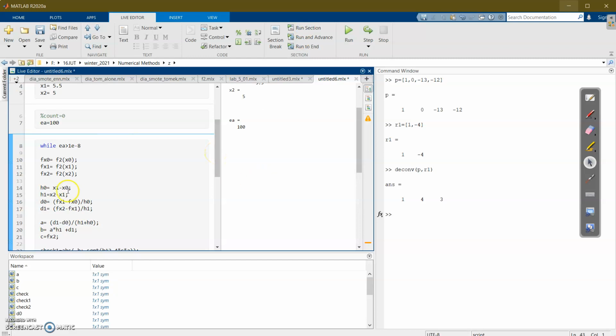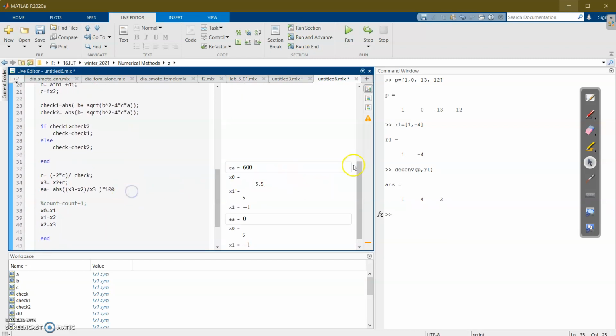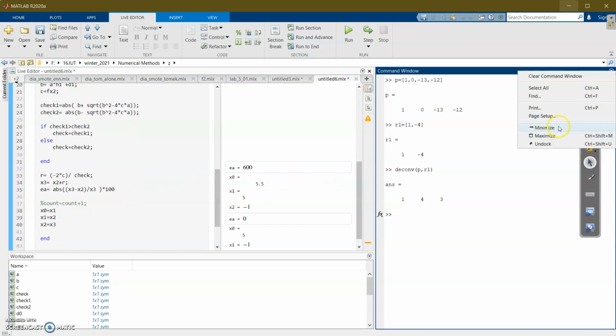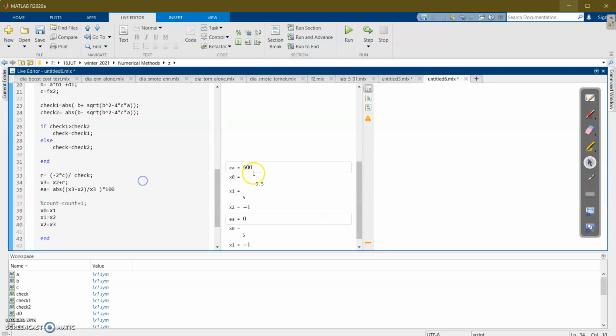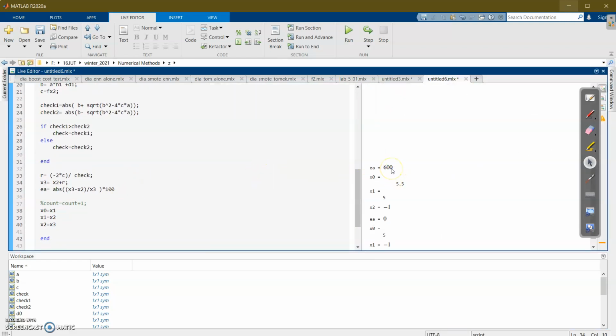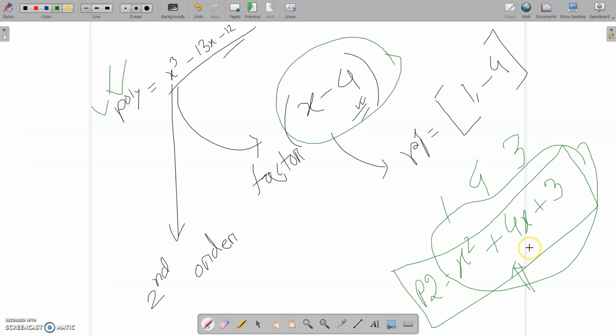As you can see, my first iteration EA was 600, then 5.55 and minus 1. That was the new point we calculated. In the second iteration, the EA becomes directly 0, and it is giving me minus 1. So minus 1 is my next root, one of the roots of this equation.